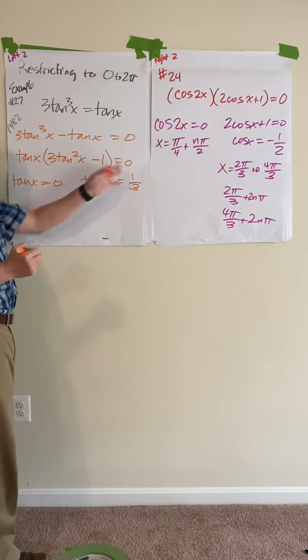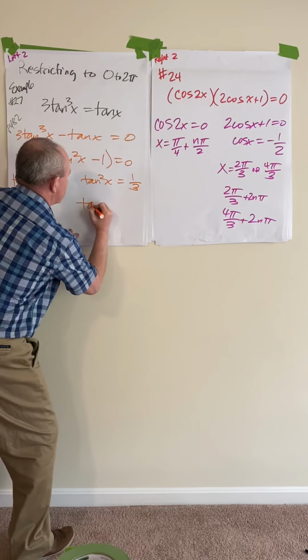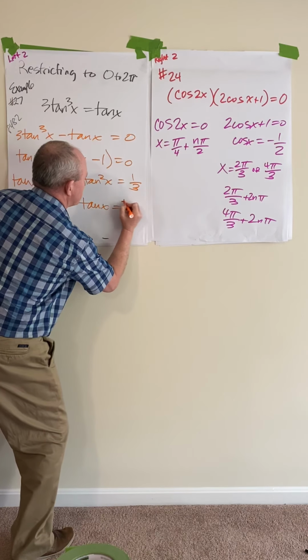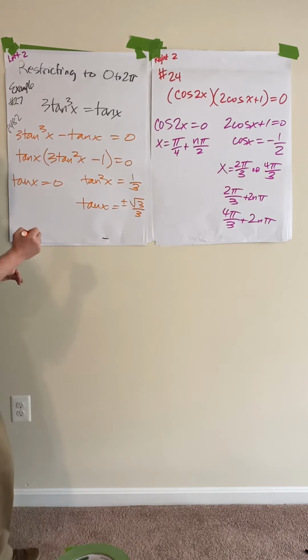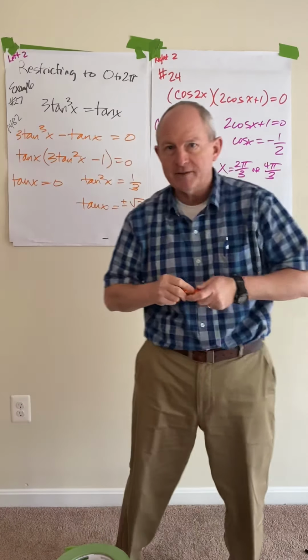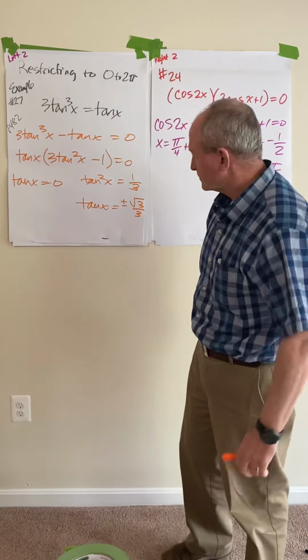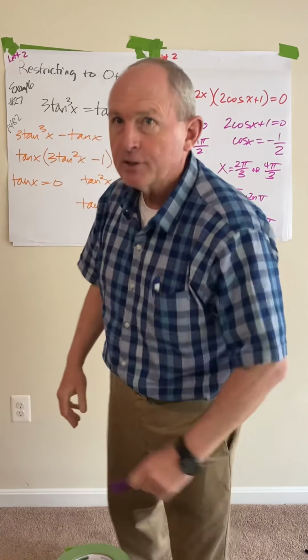I just added 1 and divided by 3. That would mean that tangent of x equals plus or minus the square root of 3 over 3. So I have tangent of x equals 0, and tangent of x equals plus or minus the square root of 3 over 3. All right, let's do tangent of x equals 0 first. Let's figure that one out. Tangent of x equals 0.